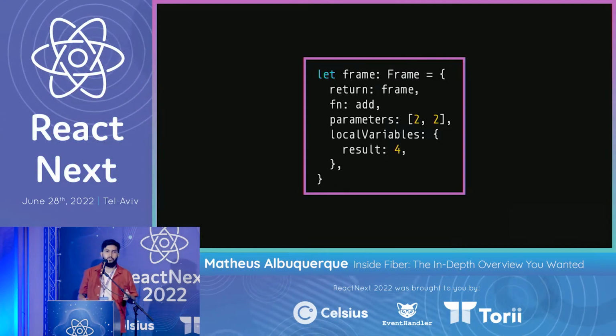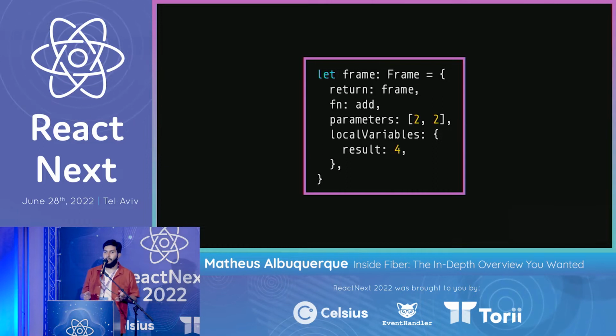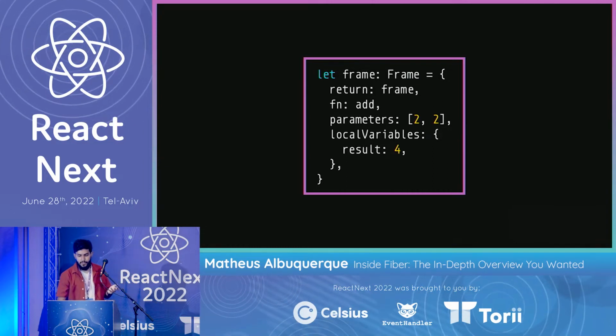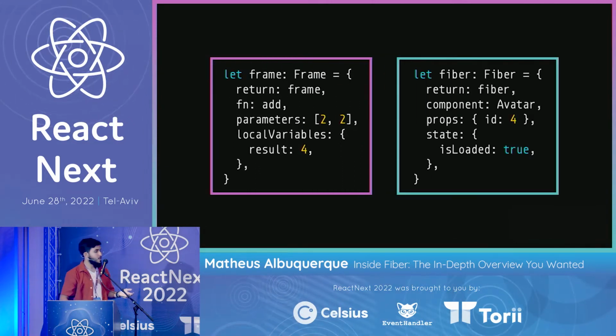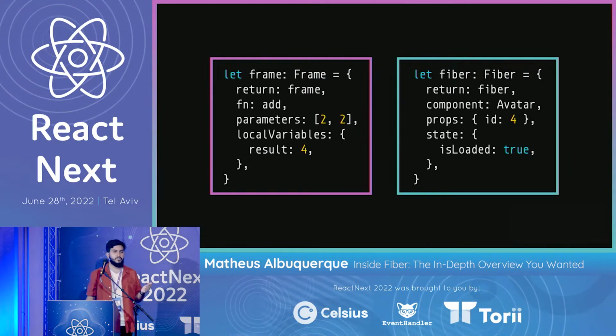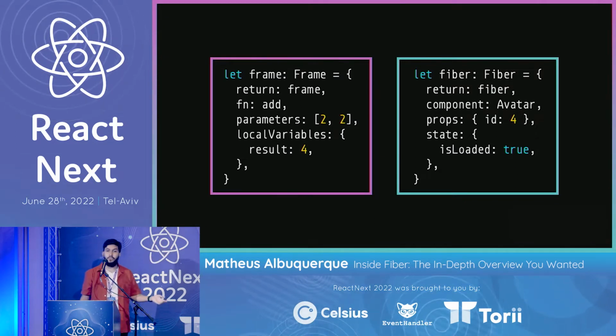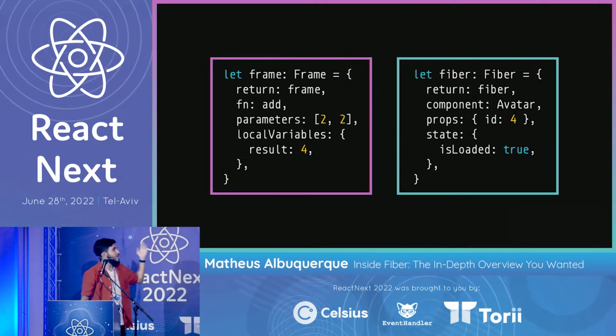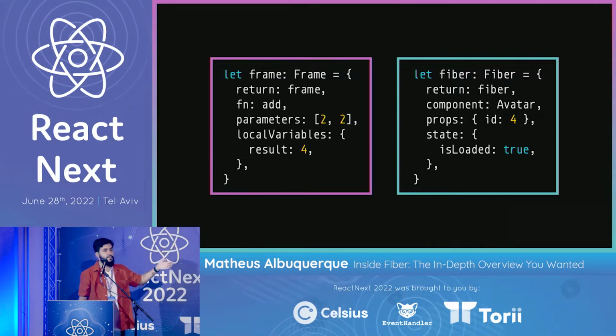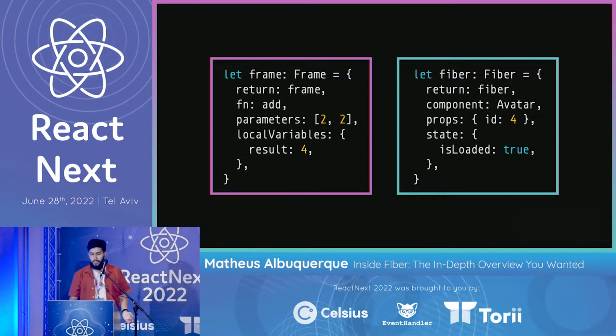Now, if we try to model a React component or an element in terms of something similar, we would get a really similar data structure, but instead of our function, we would have the component itself. The return would be this thing that for now we're going to call fibers. And we do have props, and we have some internal state as well.